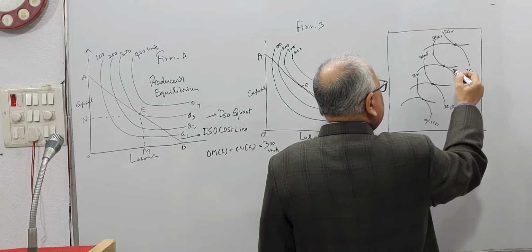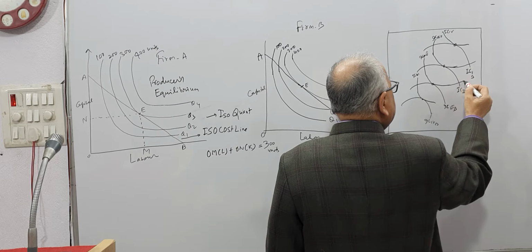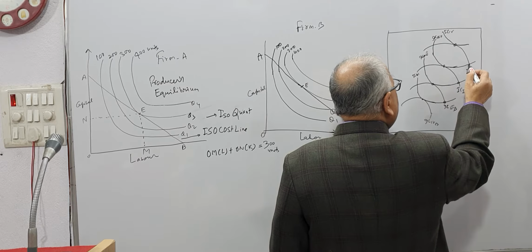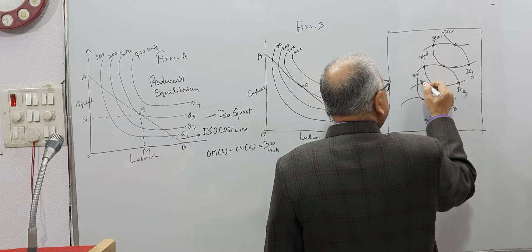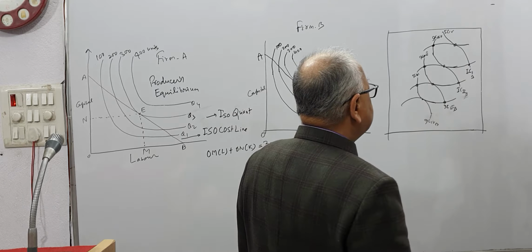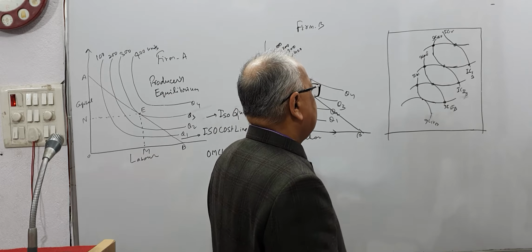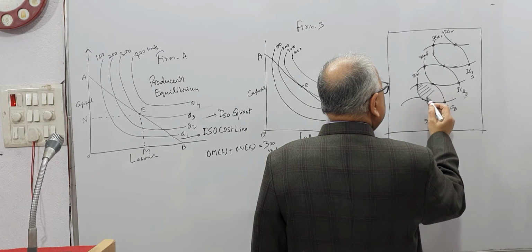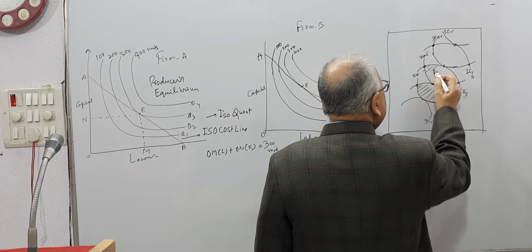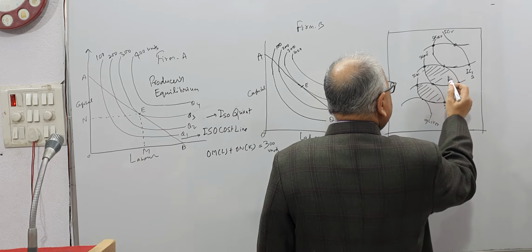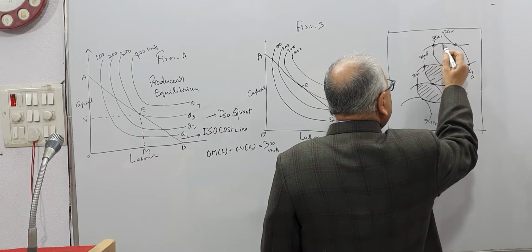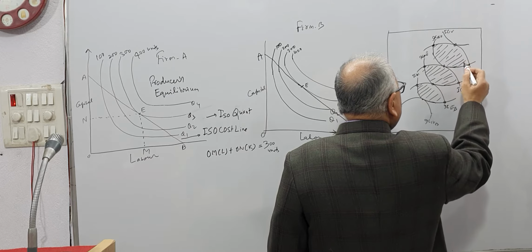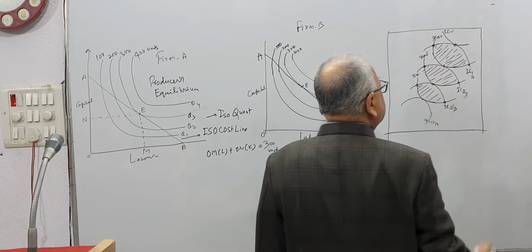Look here, indifference curve will be like this. It means we will have this is called feasible solution.